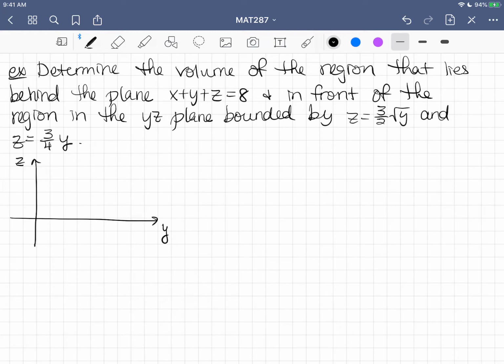So z equals 3/2 square root of y does something like this. And z equals 3/4 y does this.